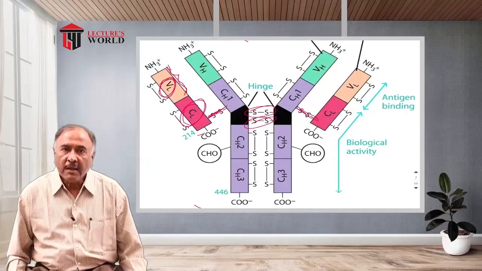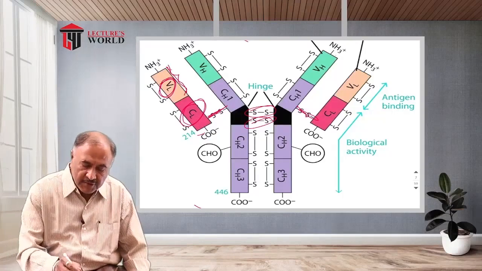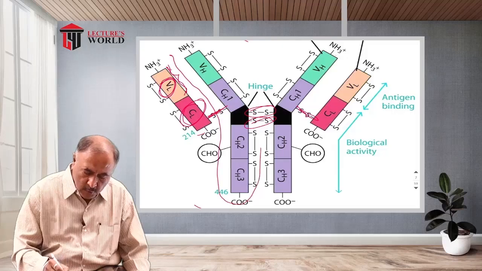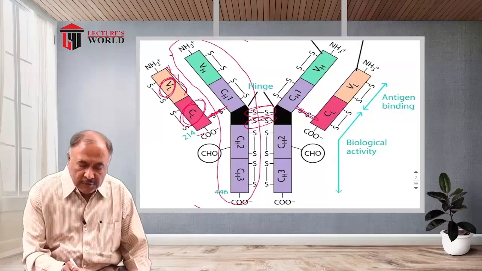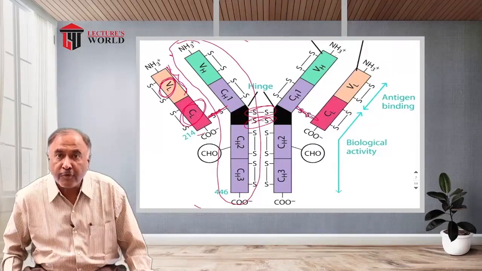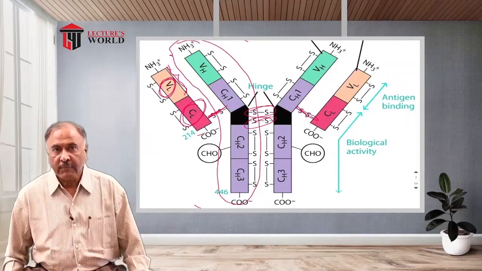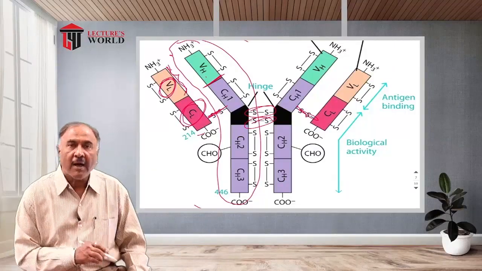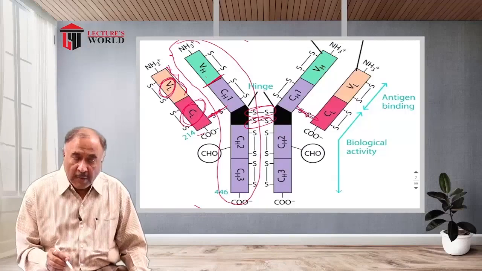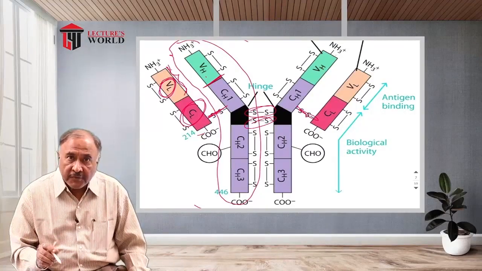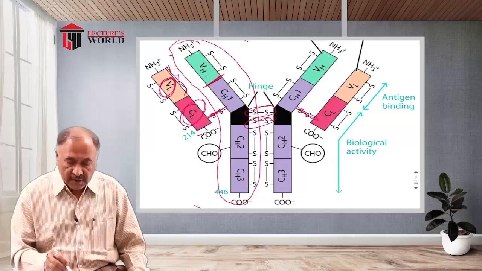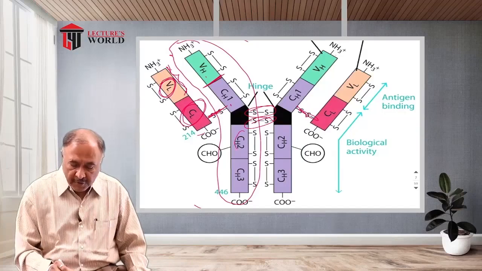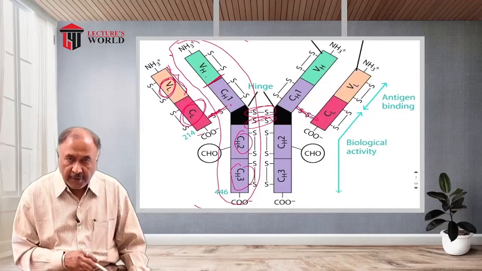Similarly, in a heavy chain, this as a whole is also divided into 4 sections. The one at the top is known as variable heavy chain, followed by 3 sections which will be constant. So constant heavy 1, constant heavy 2, constant heavy 3.